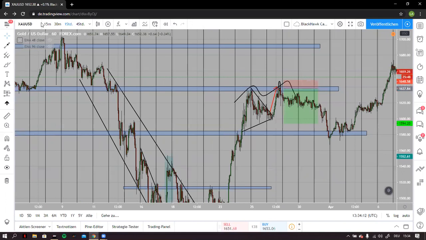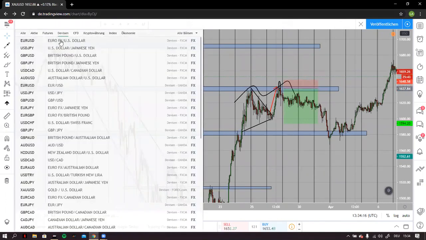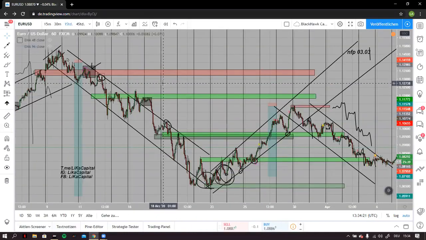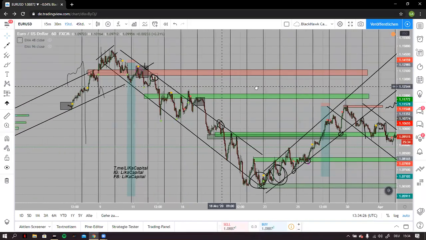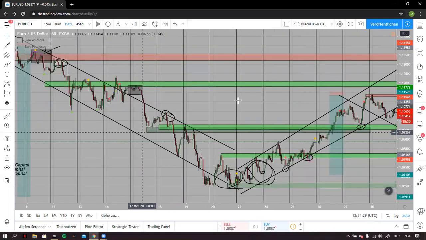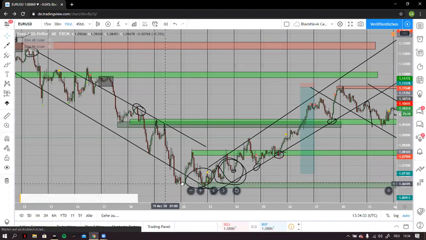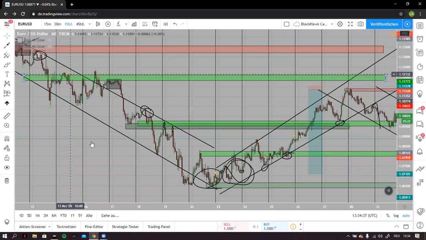And let's take a look at other pairs, like the Euro USD. So the exact same thing as on gold, we see right about here on Euro USD.